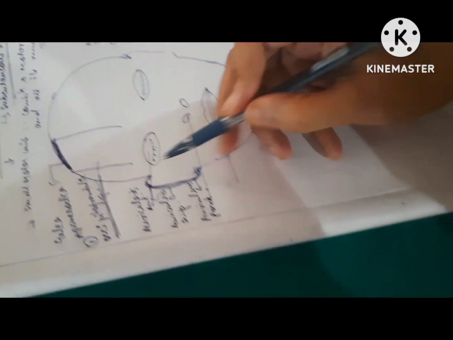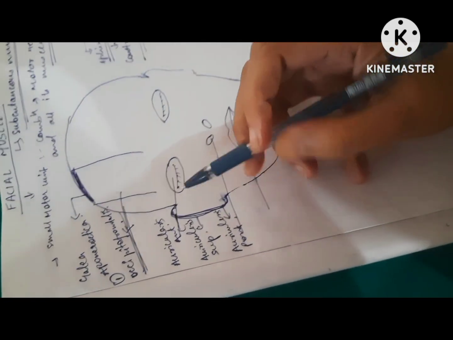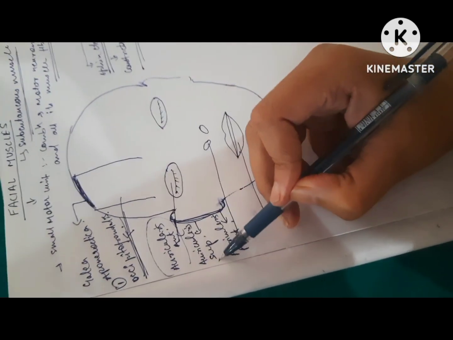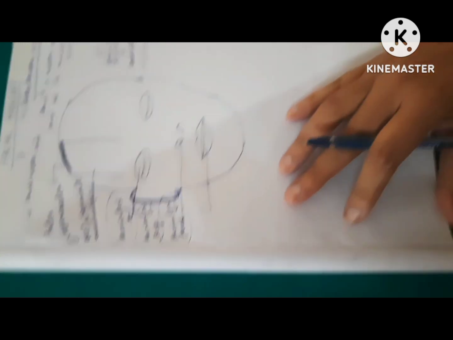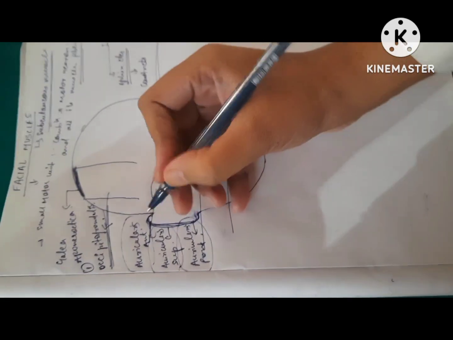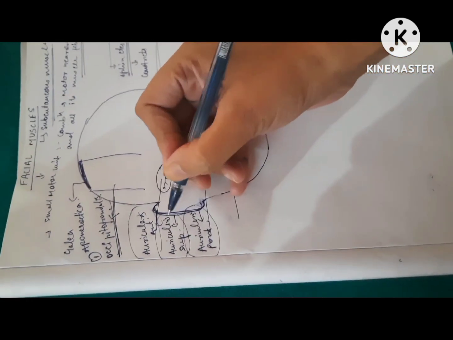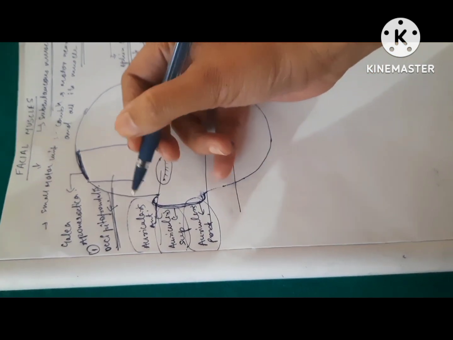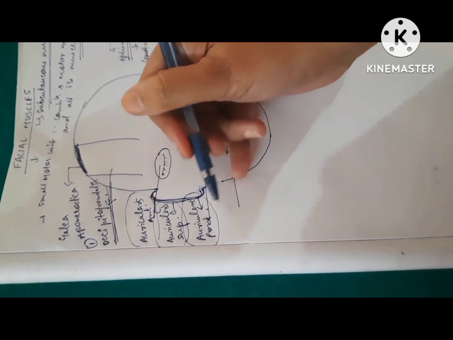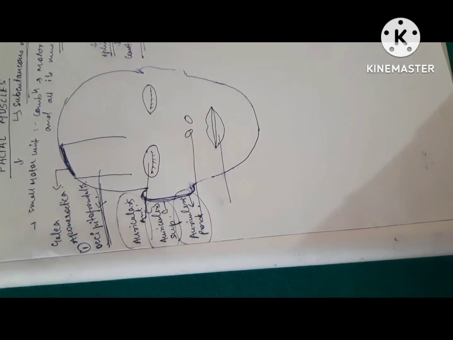Also note that these muscles of the ear are vestigial muscles, that is, these muscles have no function.